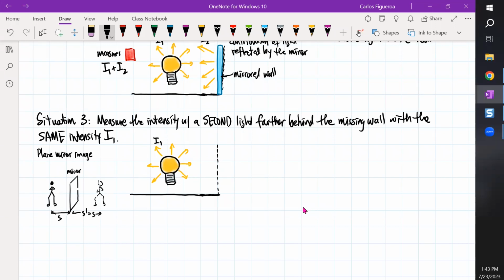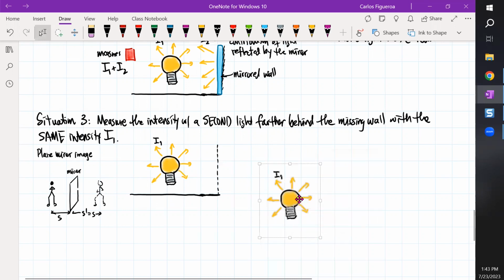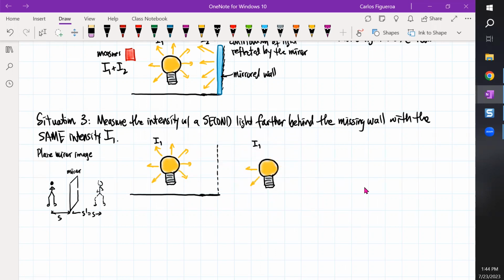So now what I'm going to do here is take this light bulb right here and put it... If this guy's 1, 2, 3 squares, then I have to put this at 3 squares behind. Now remember, it starts off with intensity I1. So now here's my light sensor.